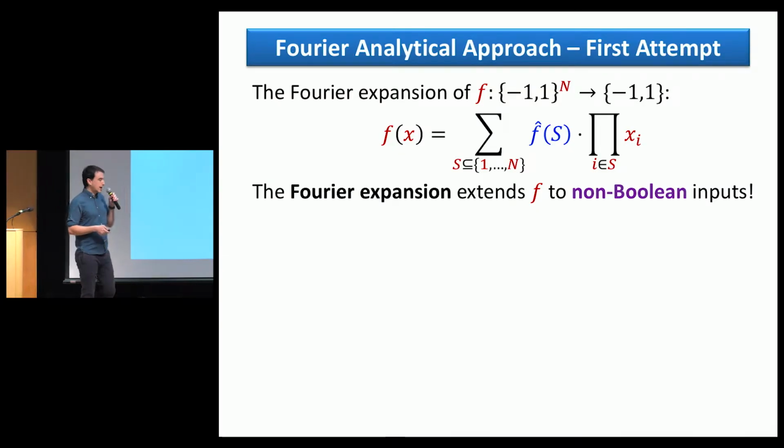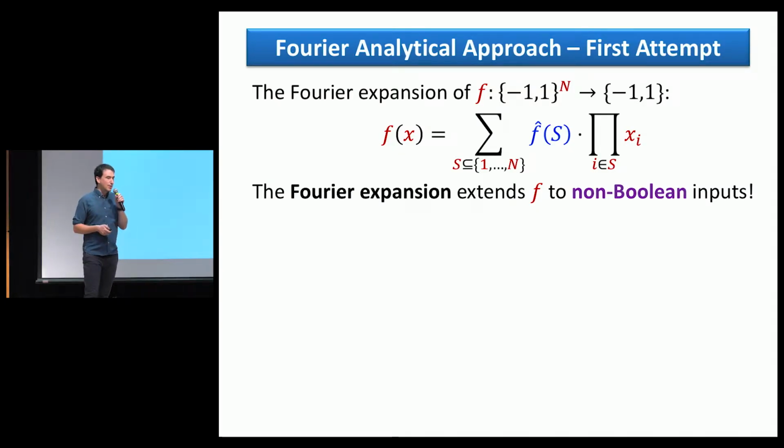I'm using the fact that any Boolean function, any function mapping strings of length n to plus minus 1, can be uniquely represented as a multilinear polynomial. This is called the Fourier expansion. So I write f of x as the sum over all subsets of the coordinates between 1 and n, with a real valued coefficient for each subset, times the monomial. The monomial is just the product of xi, where i is in this set.